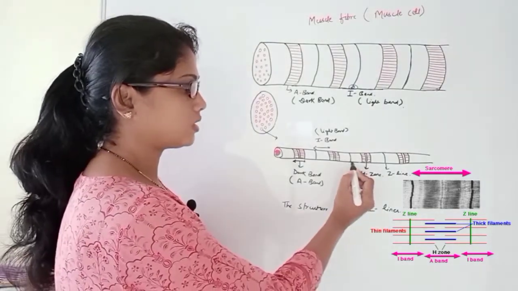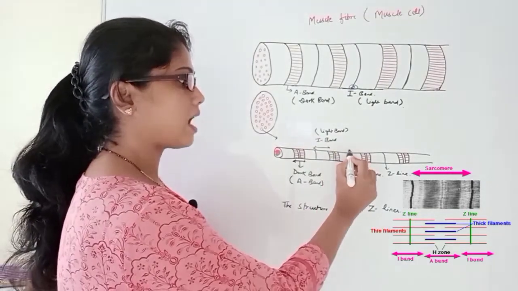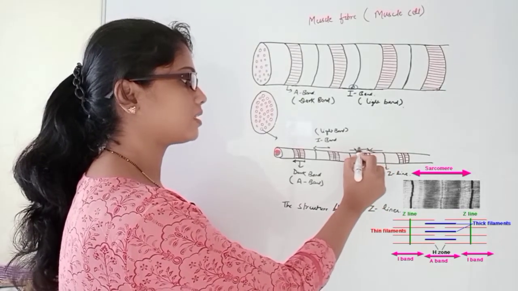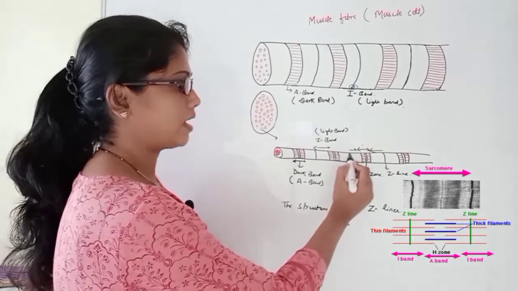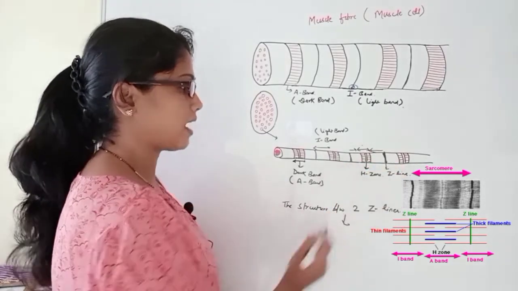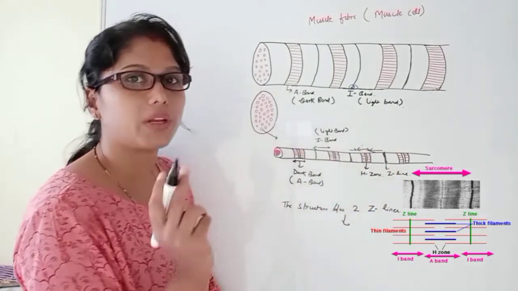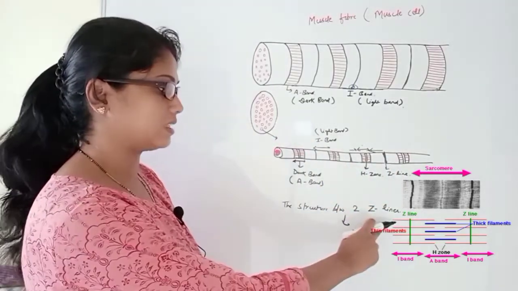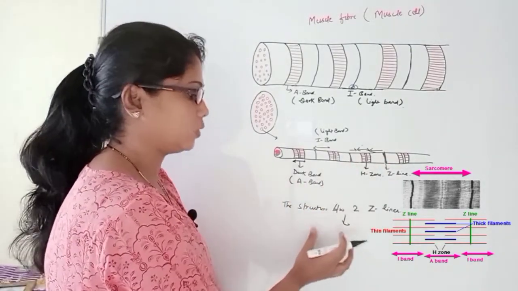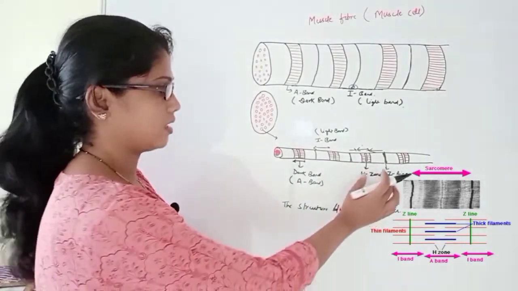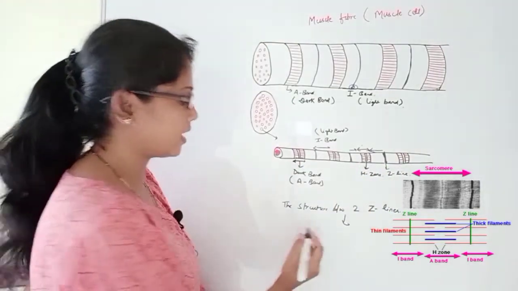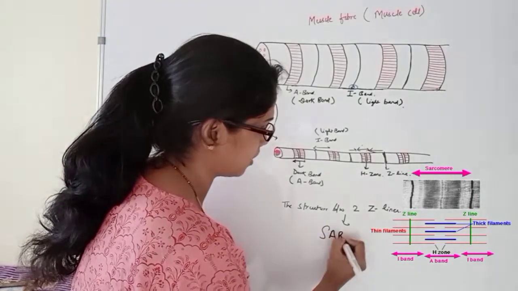Between the I bands, in the middle there is the dark band, and on the sides are the Z lines. The unit structure between two Z lines is called the sarcomere.